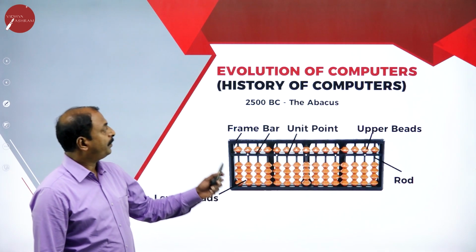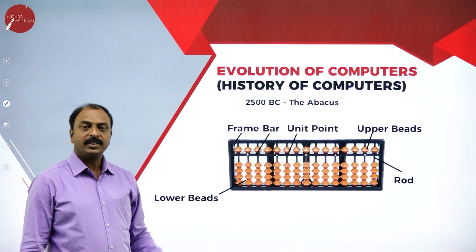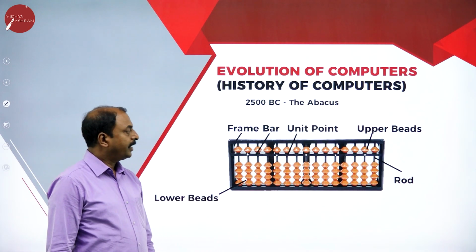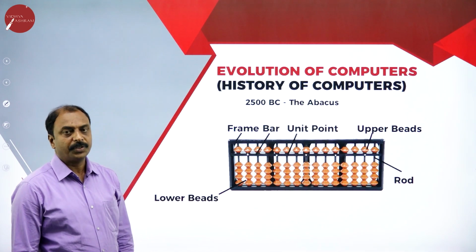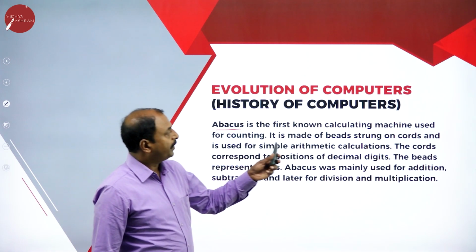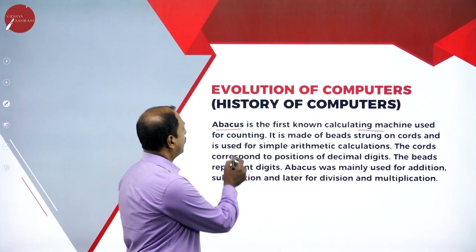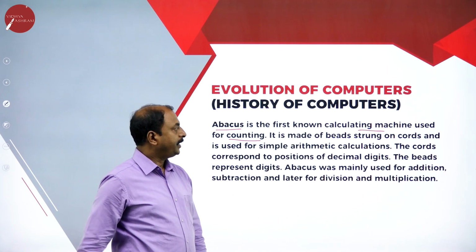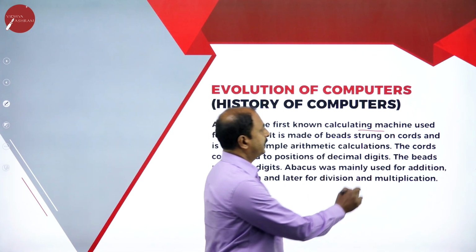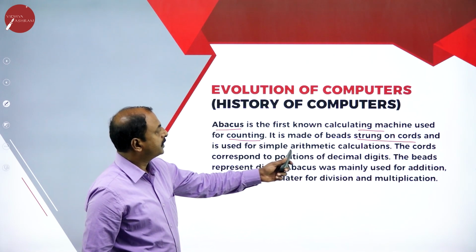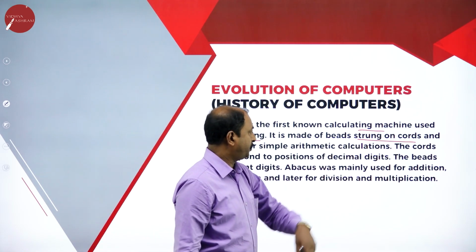So the abacus is the first counting device developed by Babylonians for the purpose of counting. It is the first calculating machine, made up of beads strung on cords and used for simple arithmetic calculation.